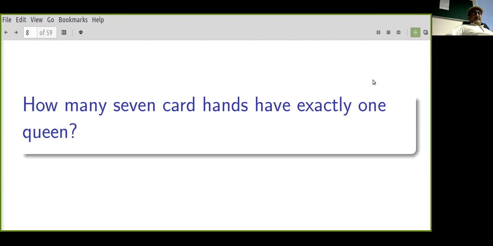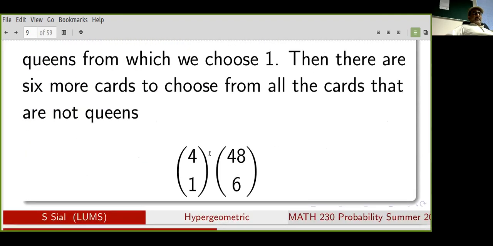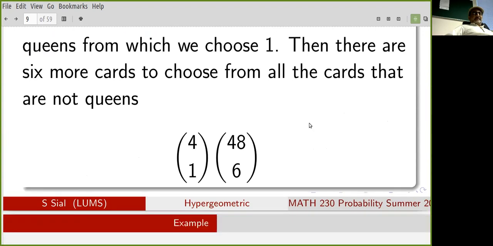So the number of such hands is 4 choose 1, out of 4 queens, and out of 48 non-queens, choose 6 to make a total of a 7-card hand. So that's the cardinality of the event A, which is getting a 7-card hand with exactly 1 queen.